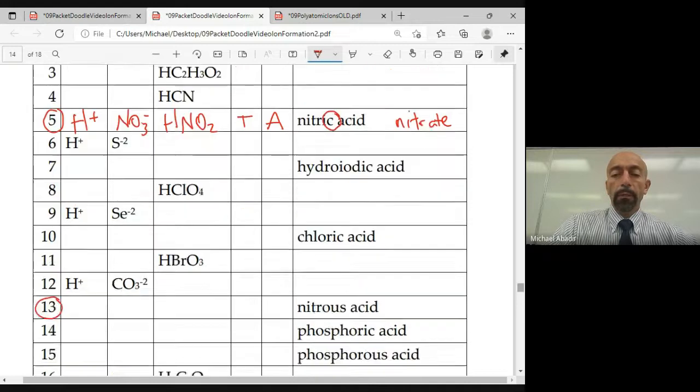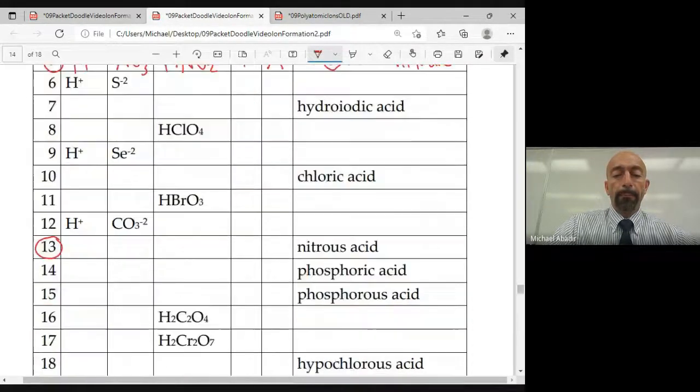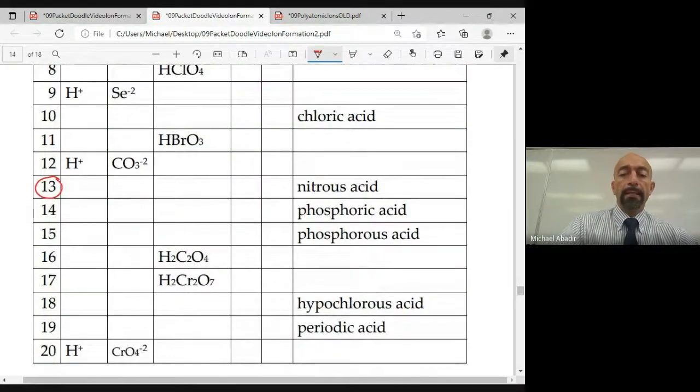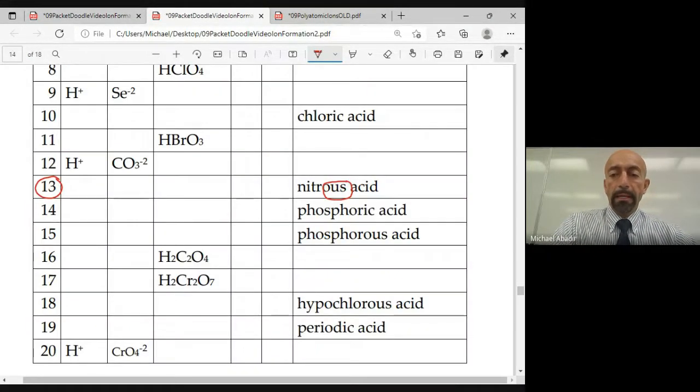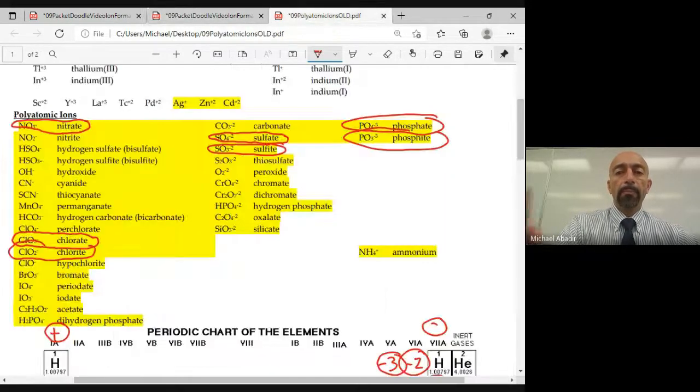Okay, let's do one more. Let's do number 13. Nitrous acid. So we have OUS as an ending. We work backwards and we say OUS came from ite. So we have to look for the stem and put it in front of ite. The stem of the word was NITR. Here's the stem right here. And we're going to put it with ite, because OUS came from ite. So we look at our polyatomic paper.